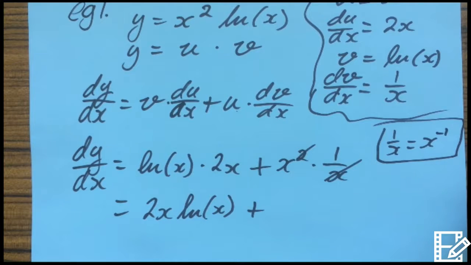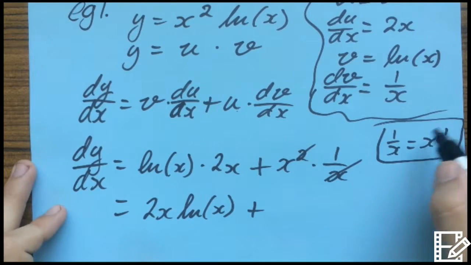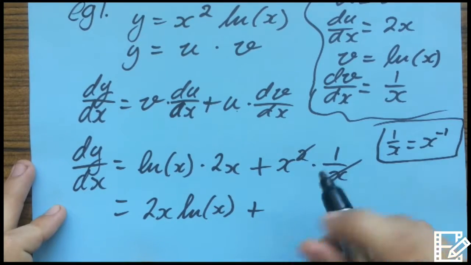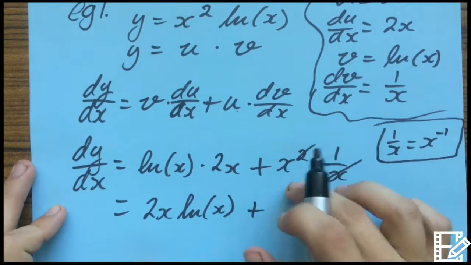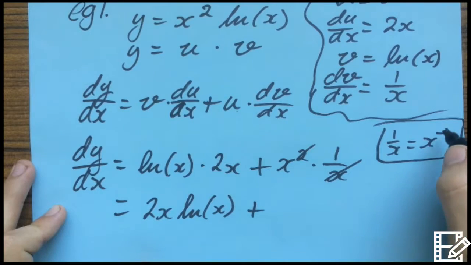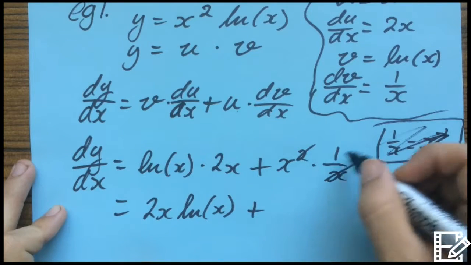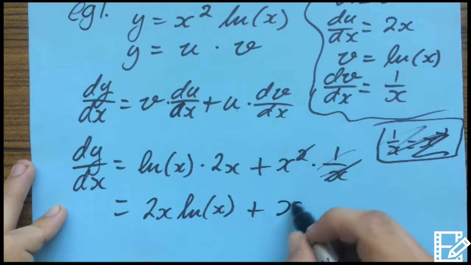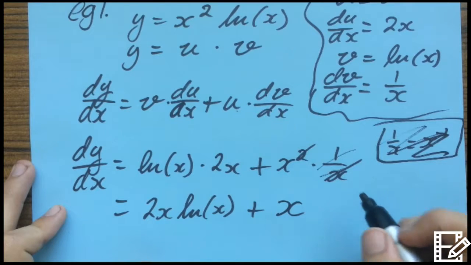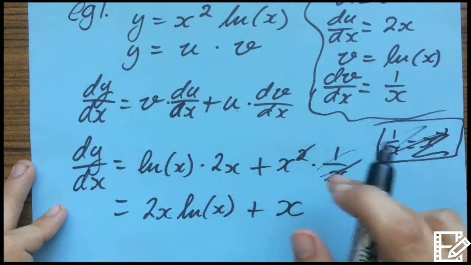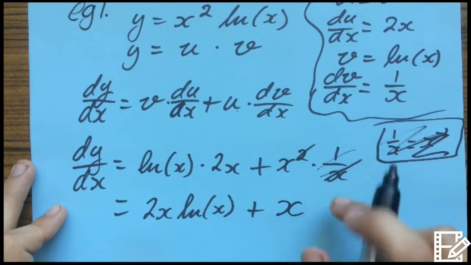I explained that in a notation video on derivatives. But basically, when you're multiplying powers, you add the powers. So if you're adding a 2 and a negative 1, you end up with just the power of 1. So, you have x. Essentially, x squared over x gives you x.